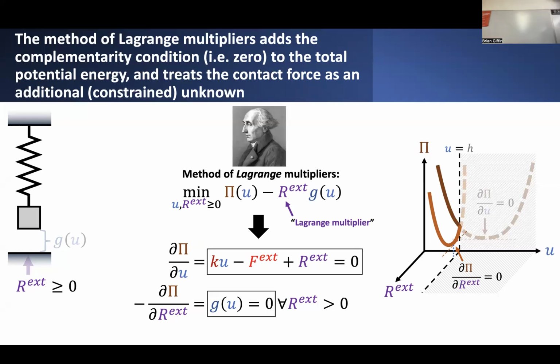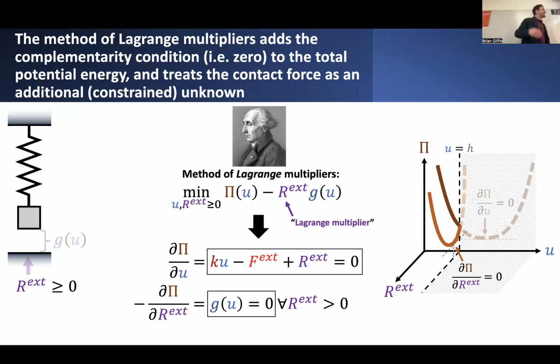So if this complementarity condition indicates that this term should just be equal to 0, then it's kind of like we're just saying, take our original total potential energy and add 0 to it. It's kind of funny. It seems like we've done nothing at all, but we've done everything.